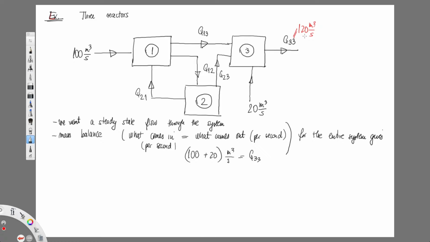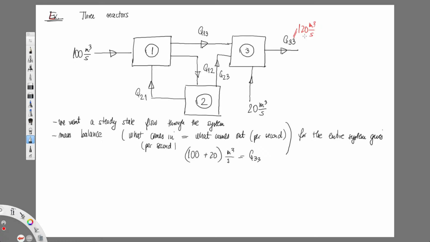Now, my mass balance for steady state has to be true for the entire system, but also for every so-called node in this system where I have things coming in and out. So I will also go to my first reactor and do a mass balance, then the second reactor, and the third reactor.